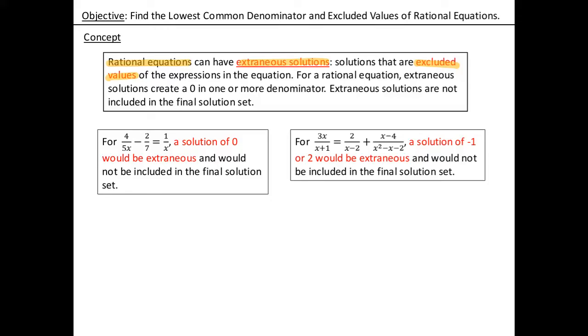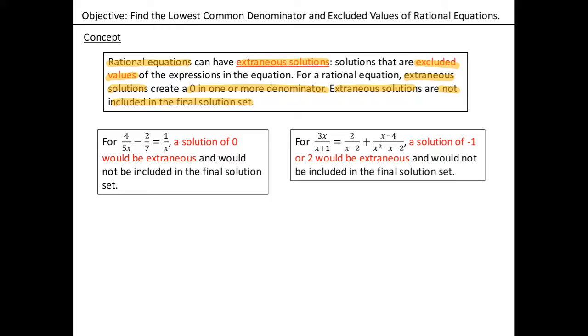So for a rational equation, if you remember, extraneous solutions are going to create 0 in the denominators. We don't want 0 in the denominator. That creates undefined terms, and so the undefined terms, we need to exclude them from the solution. Okay? So extraneous solutions are not included in the final solution set.